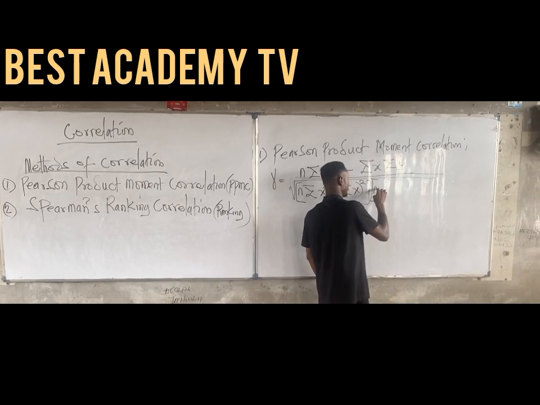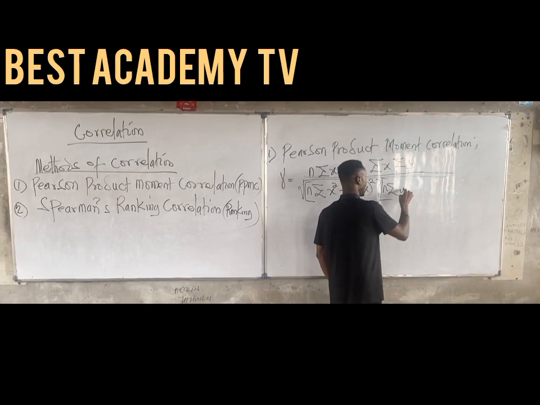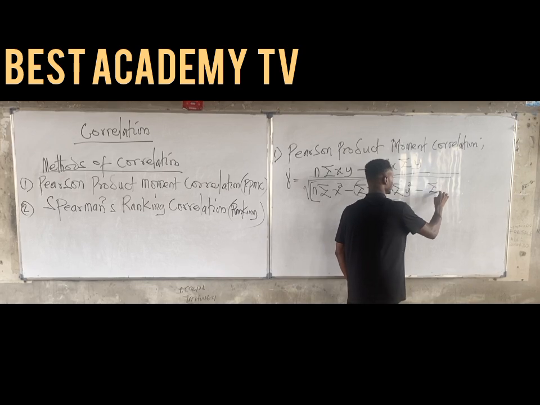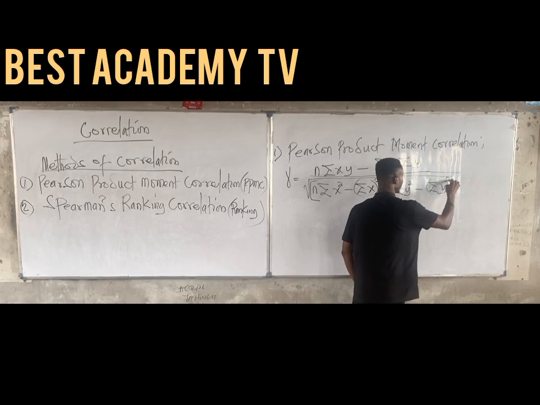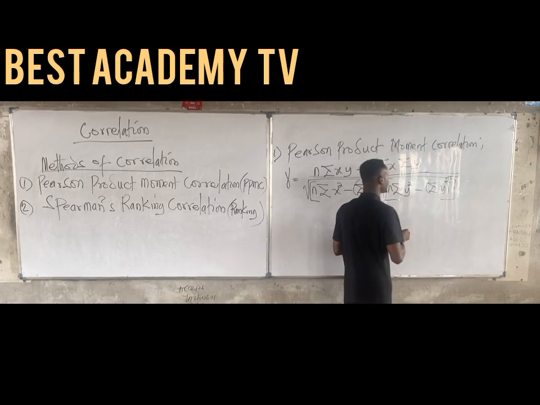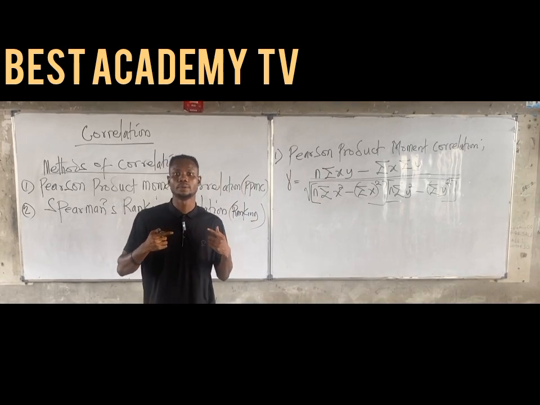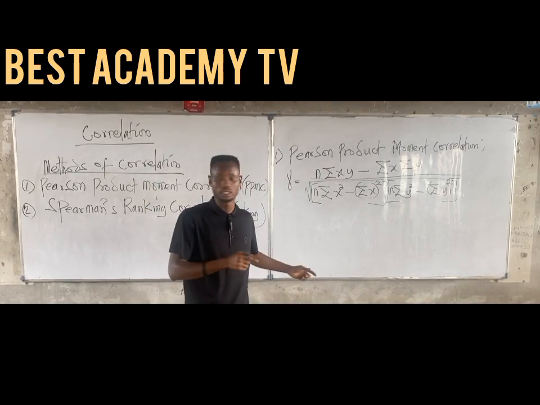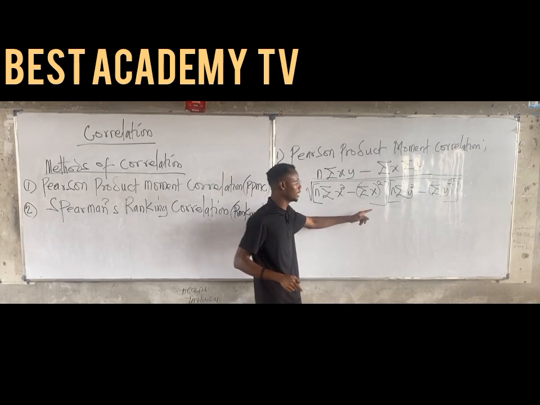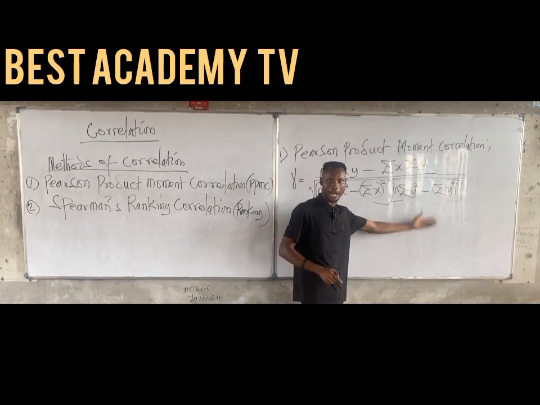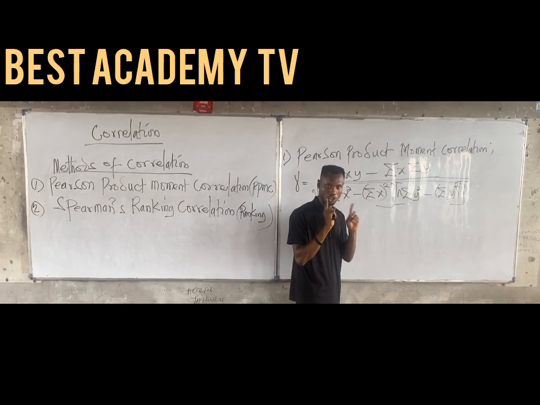That is n sum of y squared minus sum of y all squared. Okay. Now this formula takes after the formula of beta 1. But in this case here, there is a square root, remember, and there is also the part of y. Okay, please just understand this.